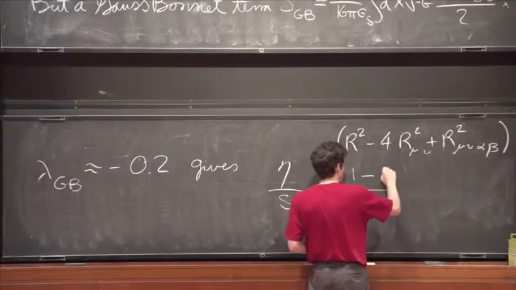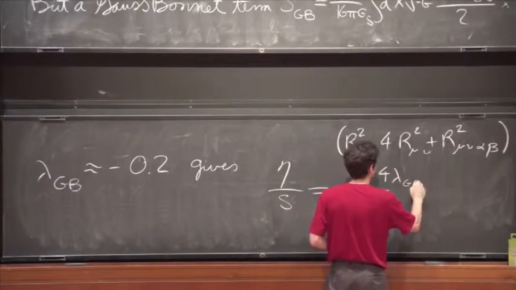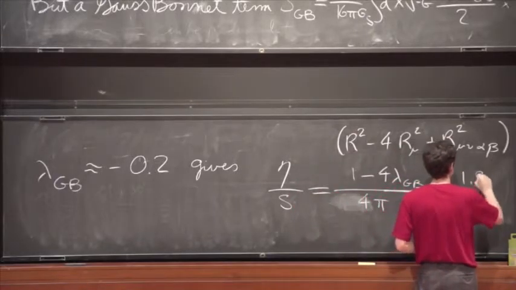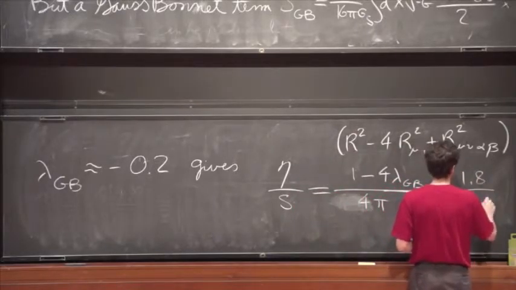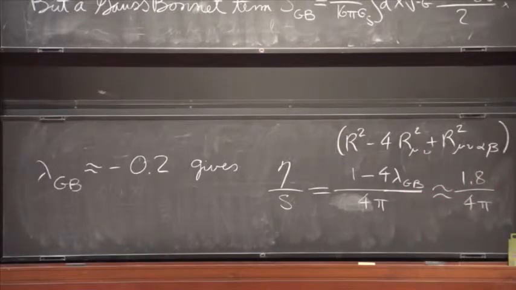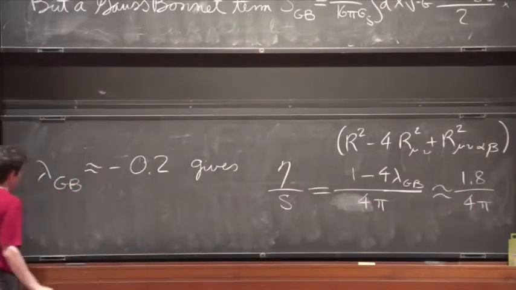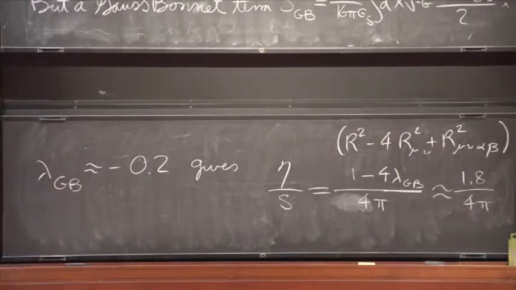It modifies this small value, as I've just written, and gives you an estimate that the shear viscosity is about 1.8, or maybe 2, divided by 4 pi. I like this value because when hydrodynamicists actually simulate LHC collisions, they find that they need approximately that value of eta over s. Now it's interesting that this is about as negative as you can make lambda Gauss-Bonnet without running into problems with either causality or unitarity.